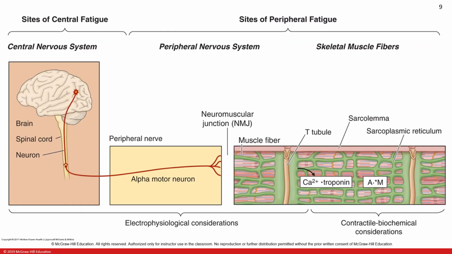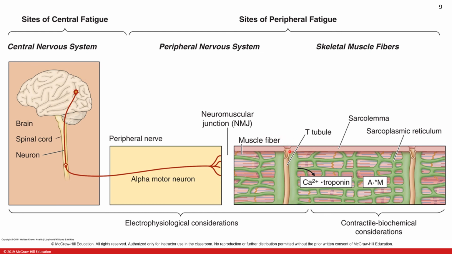So we can see it here. If we put this together as one big slide, we have our central nervous system, and if this upper motor neuron is getting fatigued from firing too much and it doesn't stimulate our alpha motor neuron, then when this alpha motor neuron comes out into the peripheral system, it may be not firing and not releasing its acetylcholine, or you could not have enough acetylcholine that's left in this alpha motor neuron to stimulate the motor end plate of this muscle fiber.